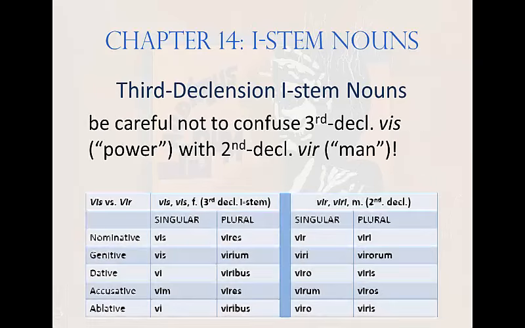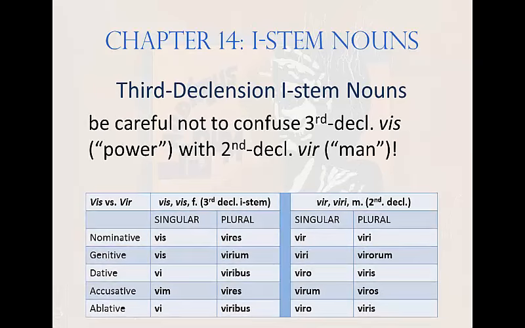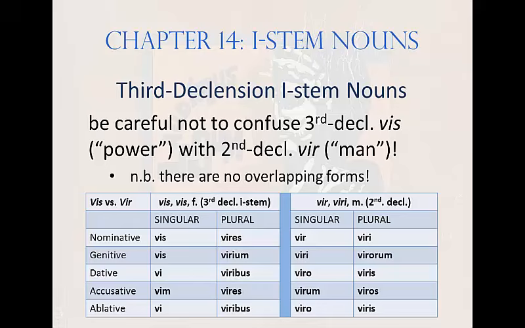Be careful not to confuse this third declension i-stem noun vis, and especially its plural vires, with the second declension masculine noun vir, meaning man. Please note, there are no overlapping forms, but a few of them are close to the same.